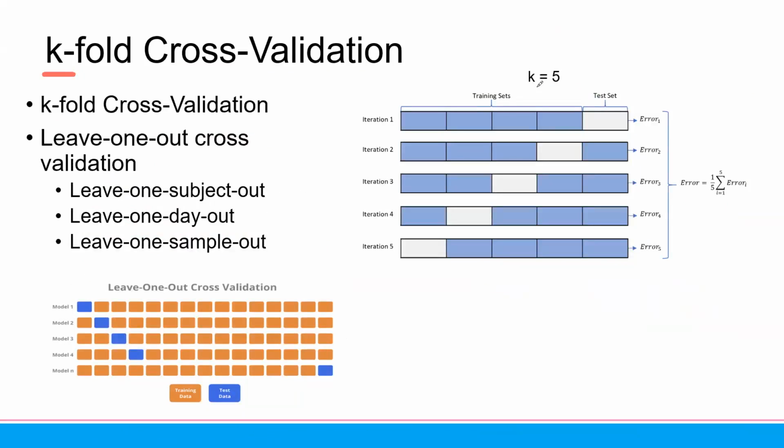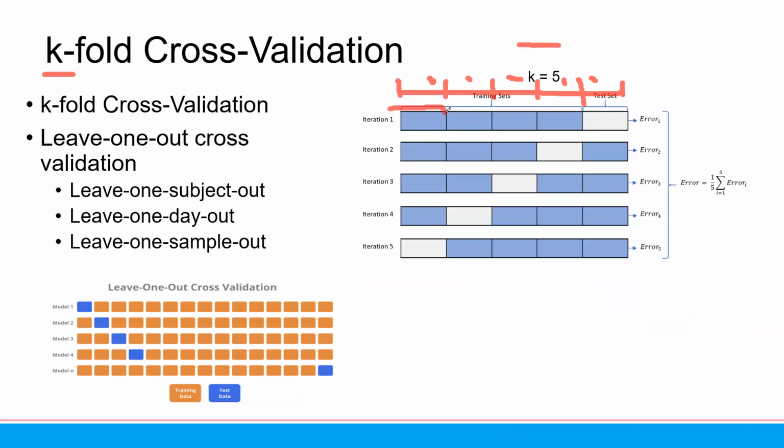Let's suppose I have K equals 5. So the whole data that I have here, I can split it into 5 parts: 1, 2, 3, 4, 5.